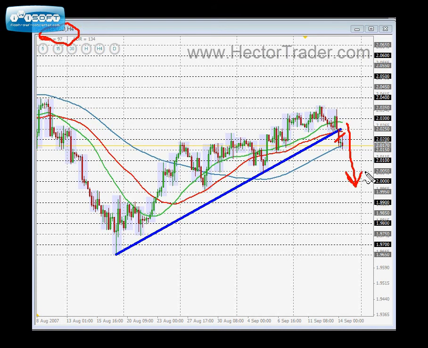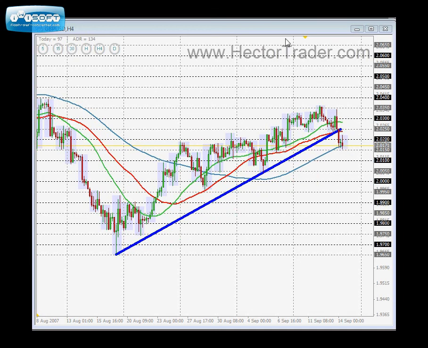One, because of all the stop losses being run for the people who've been long in these markets. The trend line gives way and their stop losses are being run to the downside. And second, because of the people who actually wanted to be short in this market, and their short signal becomes valid once this uptrend is breached right there.